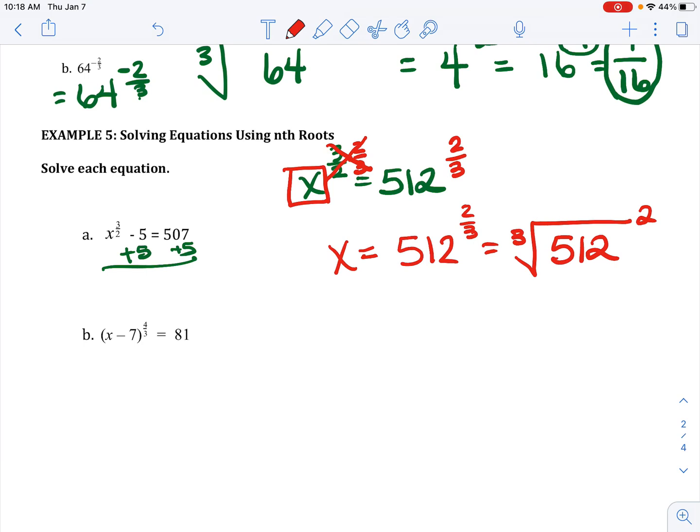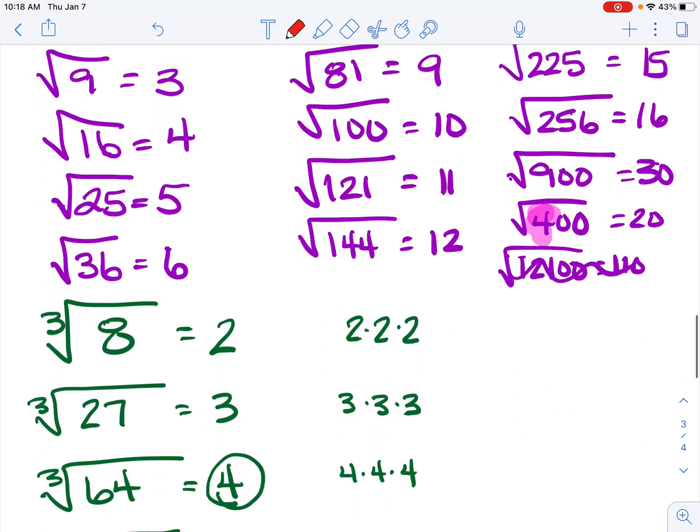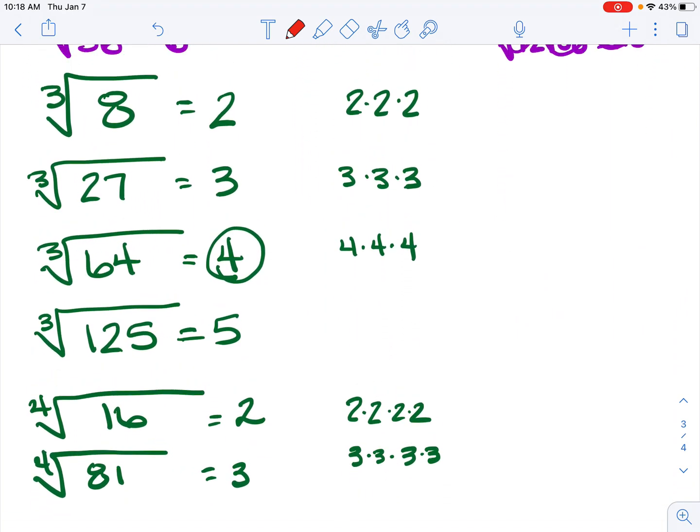How do I do that? Well, let's see. Cube root of 512. So let's think about this. 6 times 6 times 6. That's 36 times 6. 6 times 6 is 36, carry a 3. That is 216. Okay, not quite there. So 49 times 7.